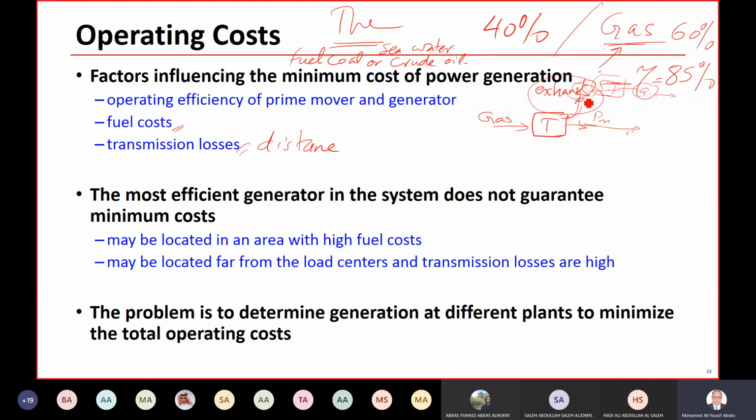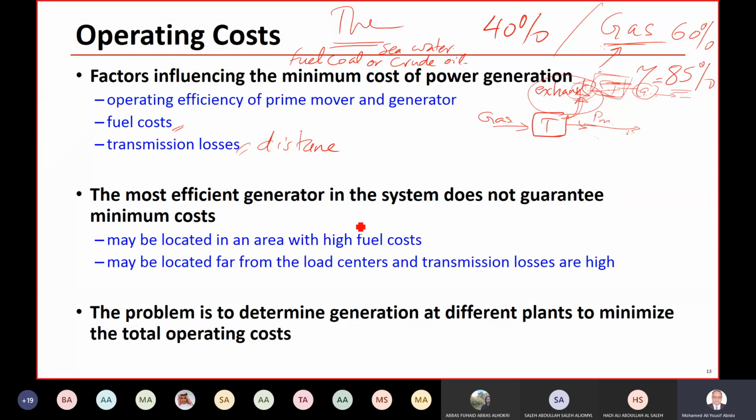Or you can use this to generate steam, and in your industrial plant you may need steam for some of the processes. So the steam output is also considered, plus this output. So you increase the efficiency of the turbine.